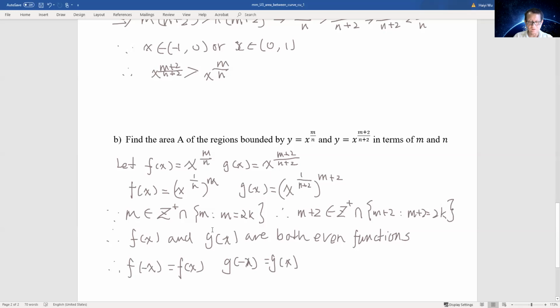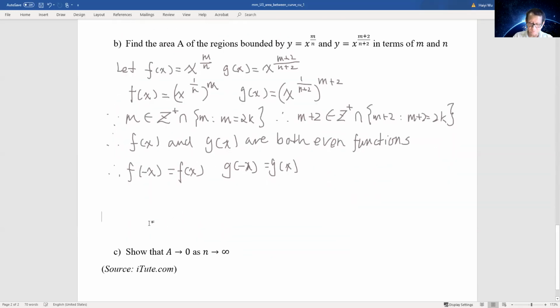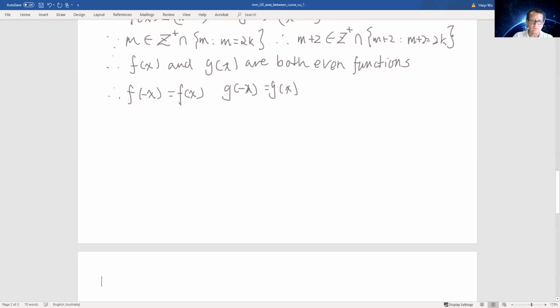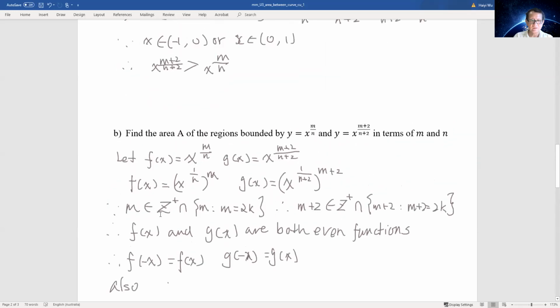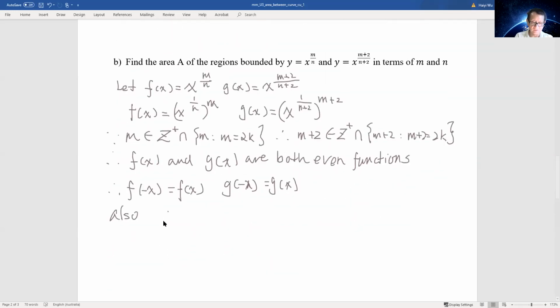Therefore, if I'm going to find the area between two curves, we know gx is greater than fx, remember from question A, gx is more than fx.